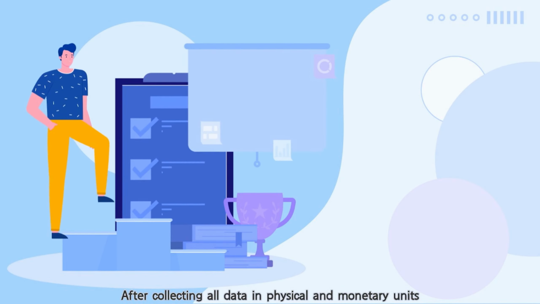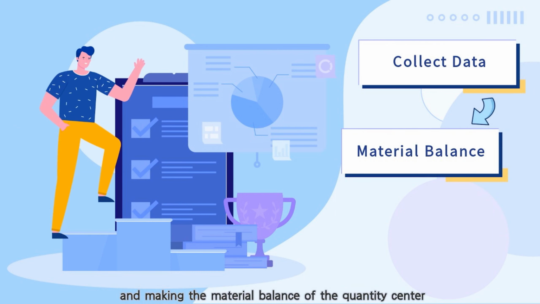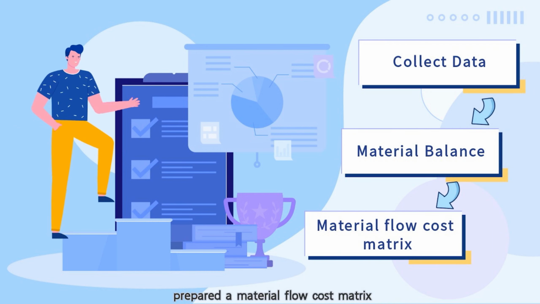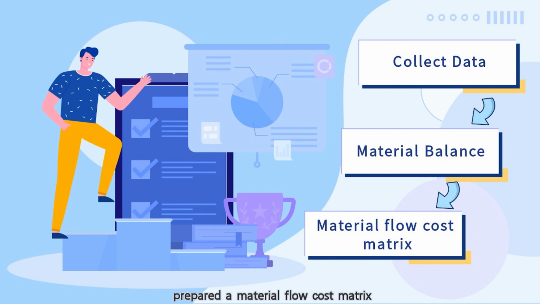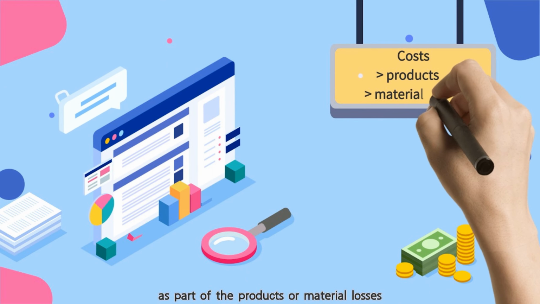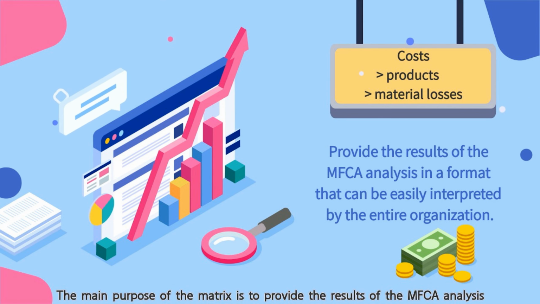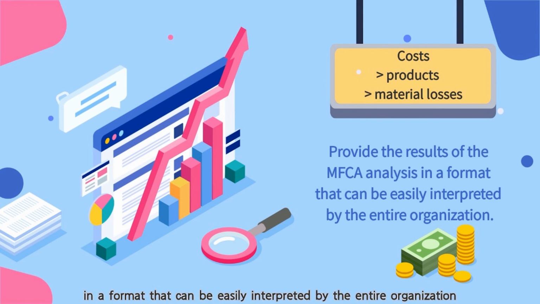After collecting all data in physical and monetary units, and making the material balance of the quantity center, the team prepared a material flow cost matrix, in which all costs were classified as part of the products or material losses. The main purpose of the matrix is to provide the results of the MFCA analysis in a format that can be easily interpreted by the entire organization.